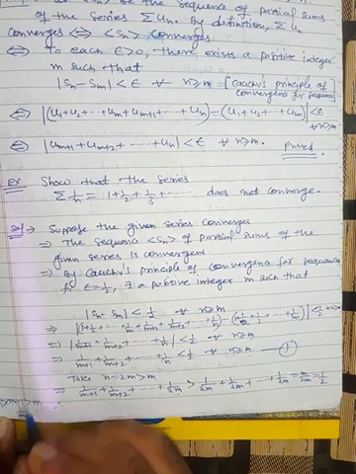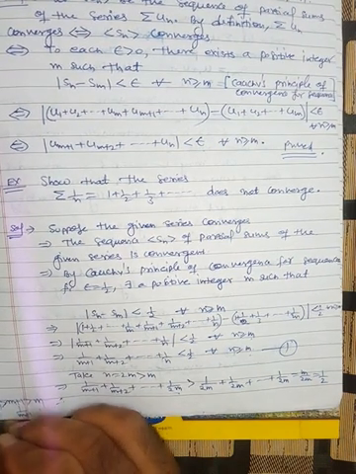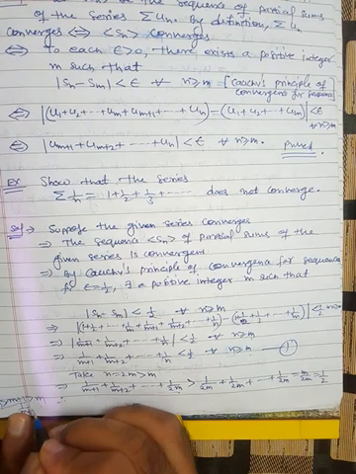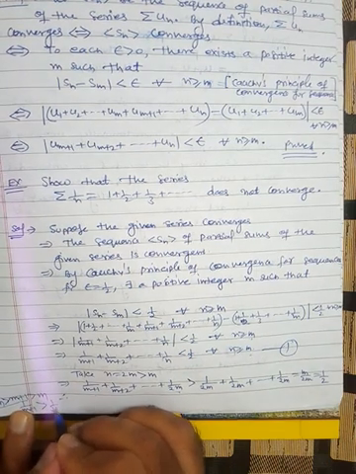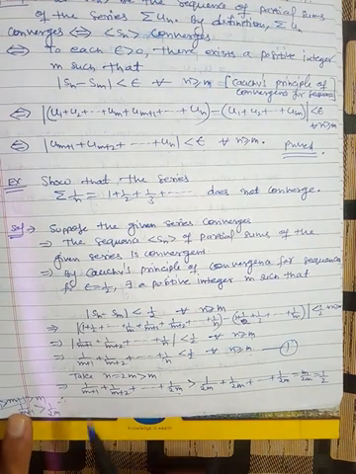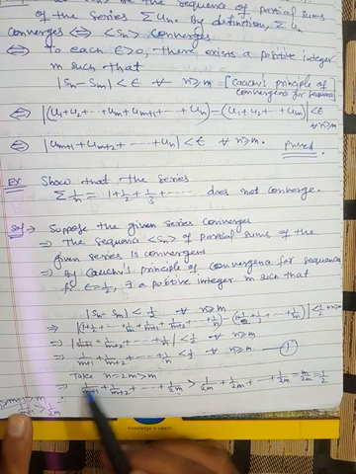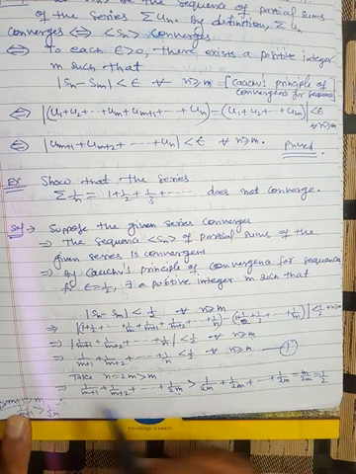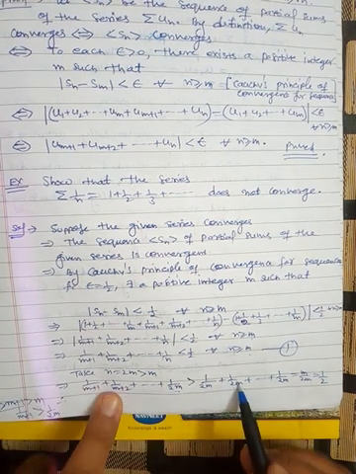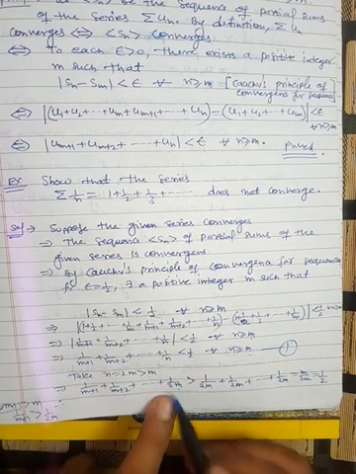So now taking the right hand part, 1 by m plus 1 will be greater than 1 by 2m, so you can replace this quantity by 1 by 2m. Similarly, this term is 1 by 2m.